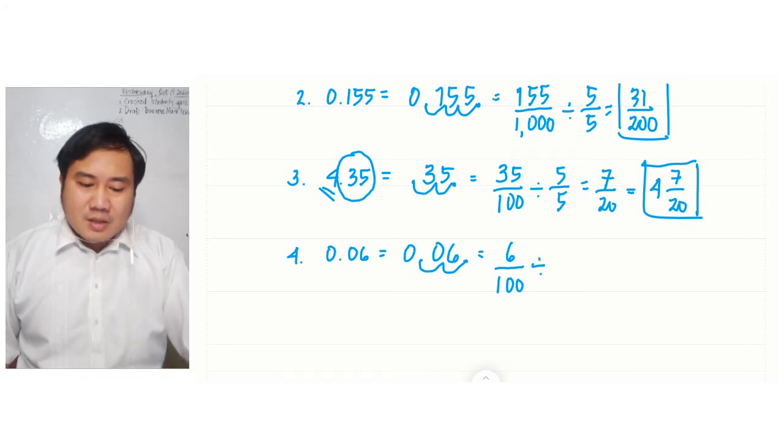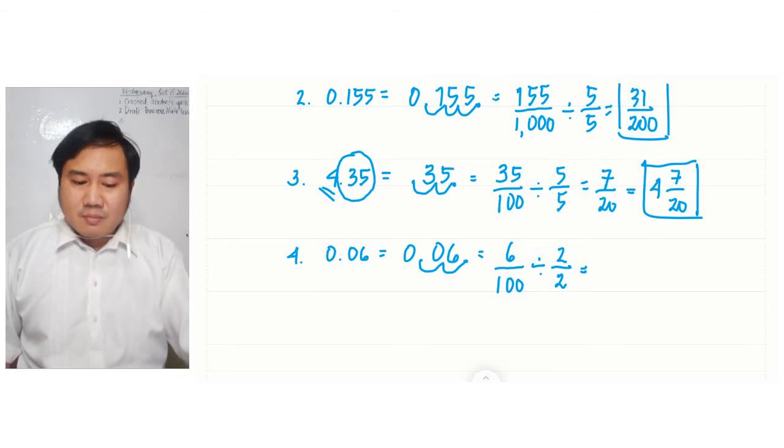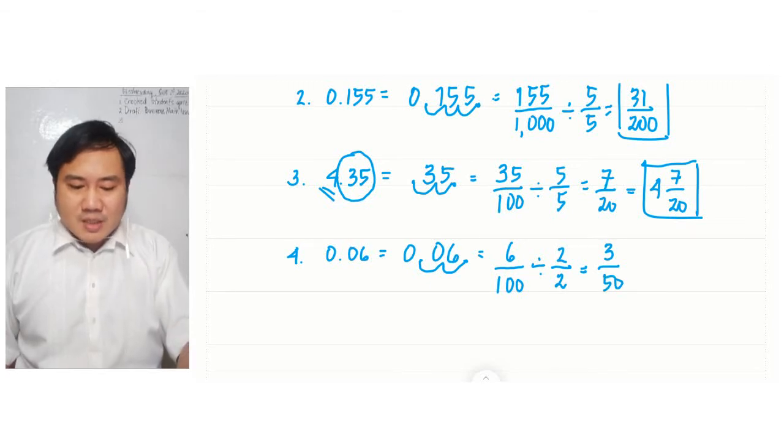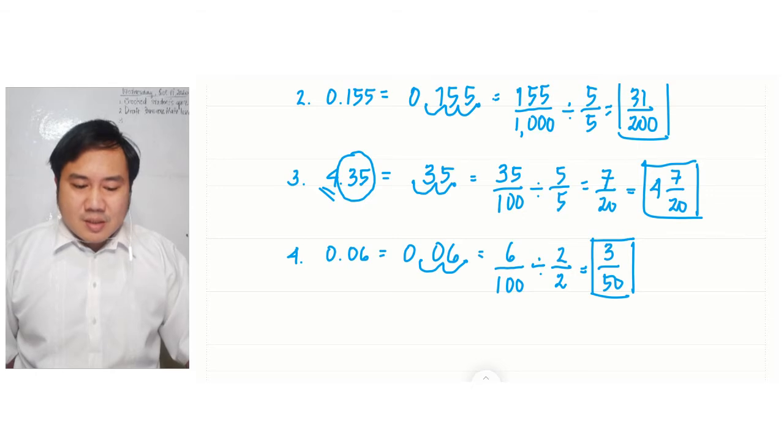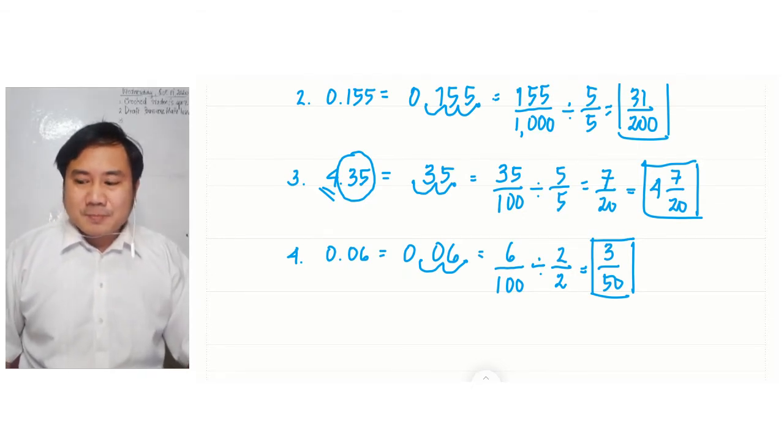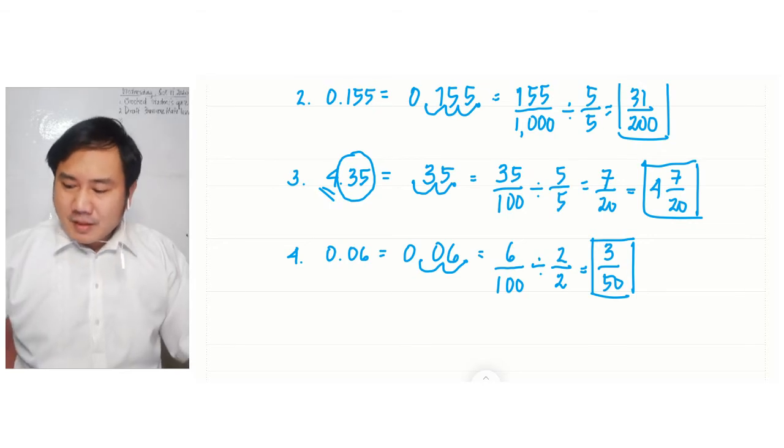Okay? And just reduce the fraction to lowest term, divide the numerator and the denominator by 2. 6 divided by 2 is 3, and 100 divided by 2 is 50. So, 0.06 is equal to 3 over 50 kapag fraction. Okay?